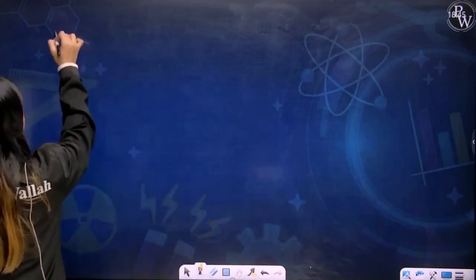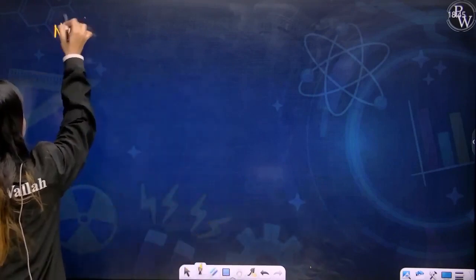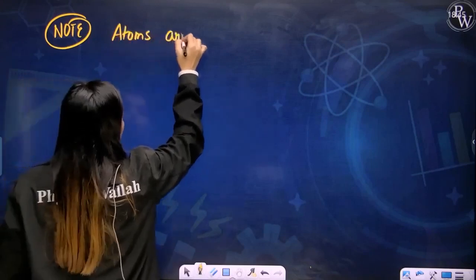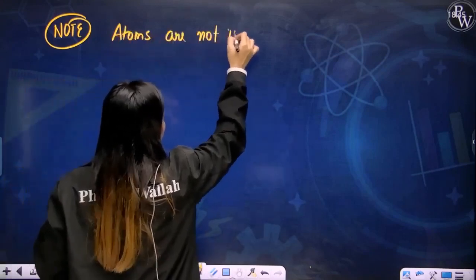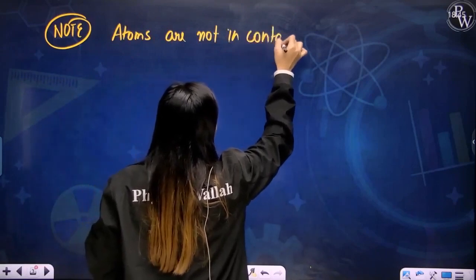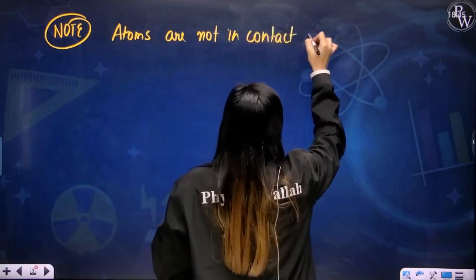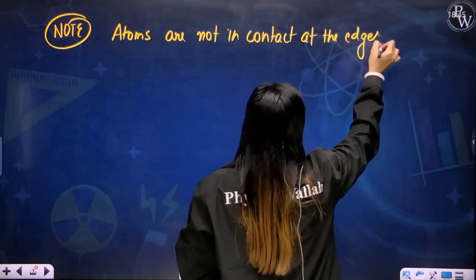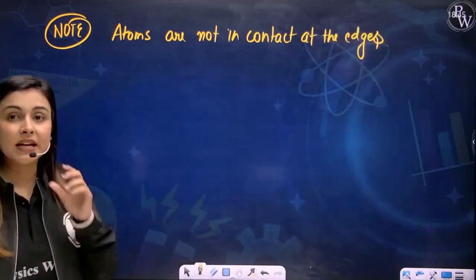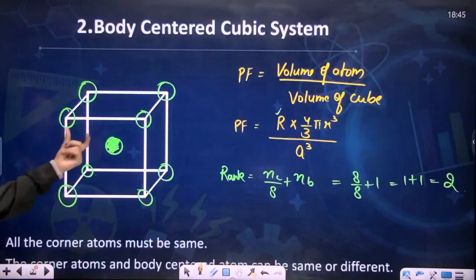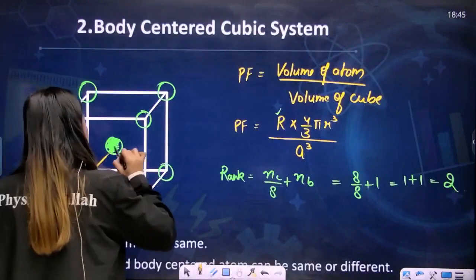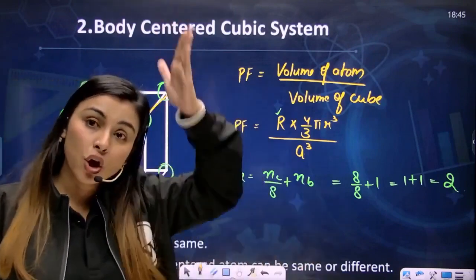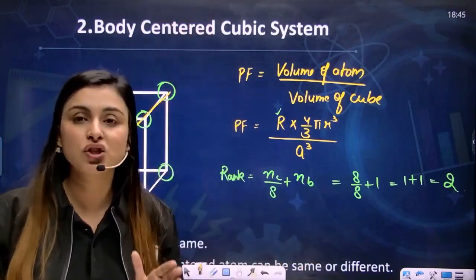So you can write this as a note that atoms are not in contact at the edges. Rather, in a body centered unit cell, your atoms are in touch with each other at the center of the body. That is, along the body diagonal, the atoms touch each other.